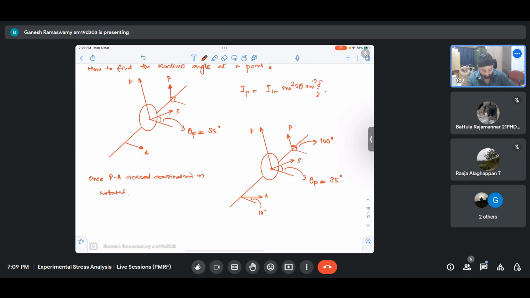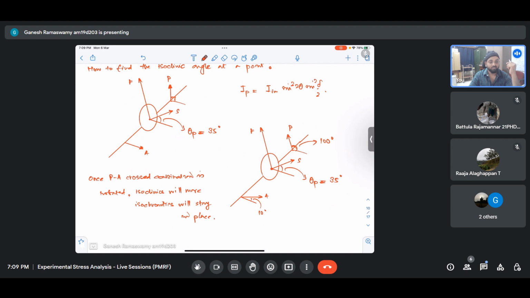Essentially, the retardation will not change at any point. So isoclinics will move and isochromatics will stay in place. This is another way to distinguish between isoclinics and isochromatics, as we saw in the last sessions also. So this is how I will arrive at my theta p.